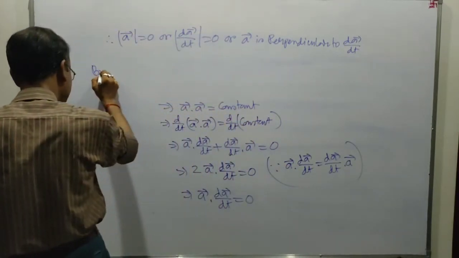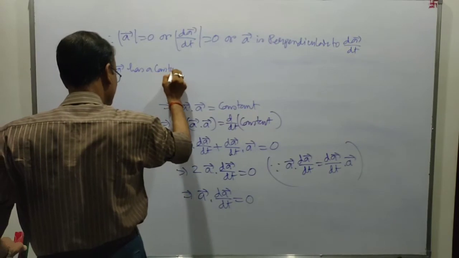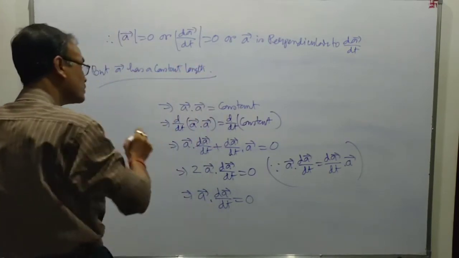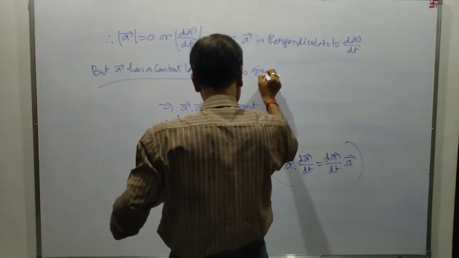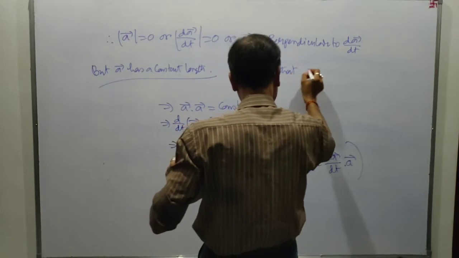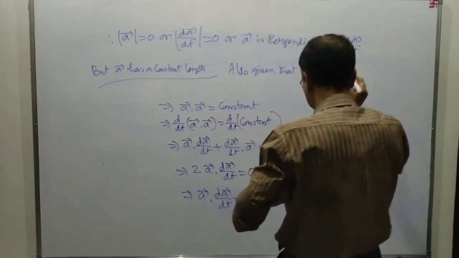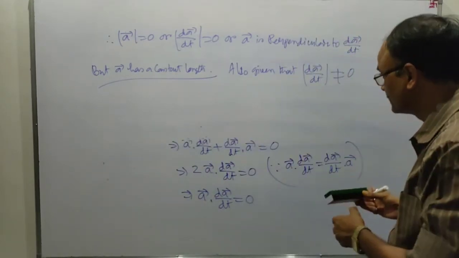But A vector has a constant length. It is not 0. Also given that the modulus of dA vector by dt is not equal to 0.